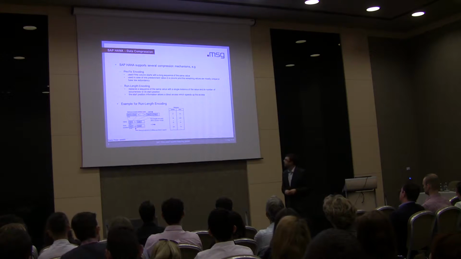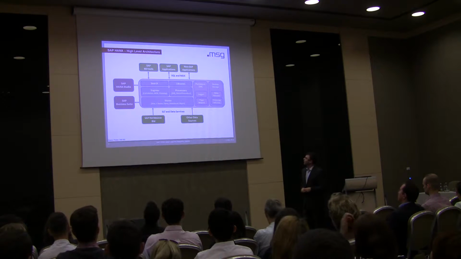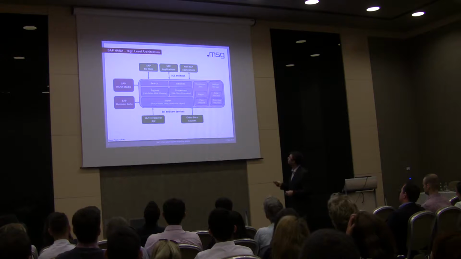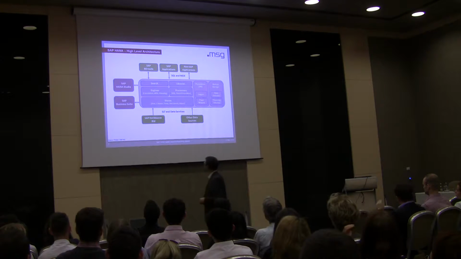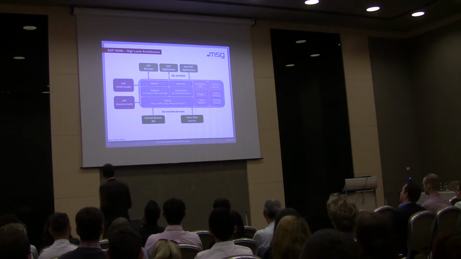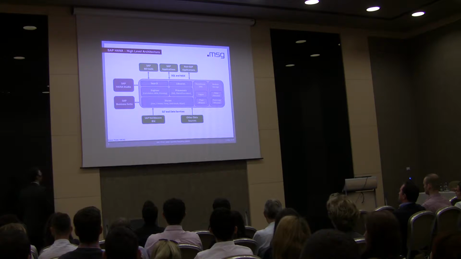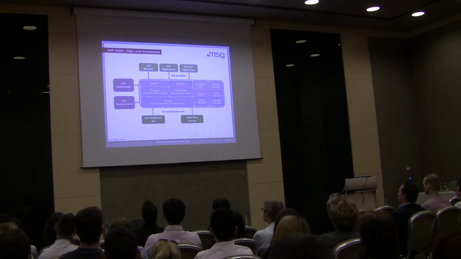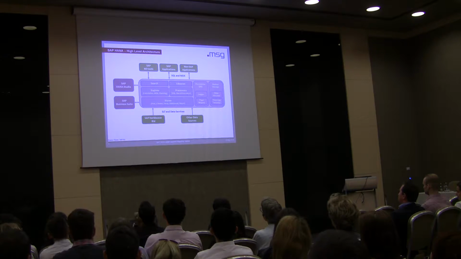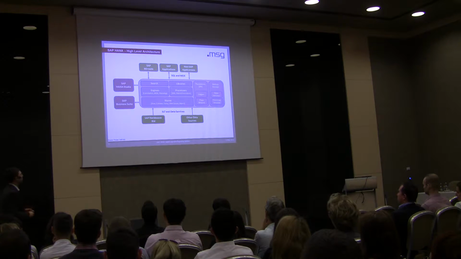So I think that's also really impressive. Just a short view on the high-level architecture of SAP HANA. Here in the middle, we have the SAP HANA database installed with one or several hosts. Different search components are integrated for text search, maybe different libraries like the application function library, which has predefined calculations in it, or the predictive analytics library.